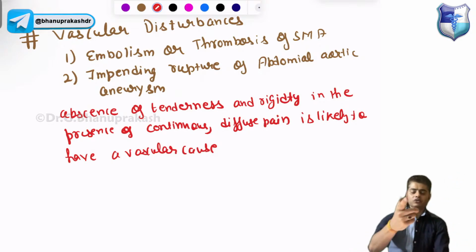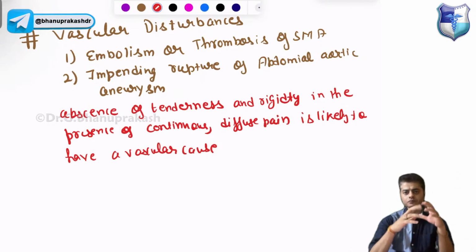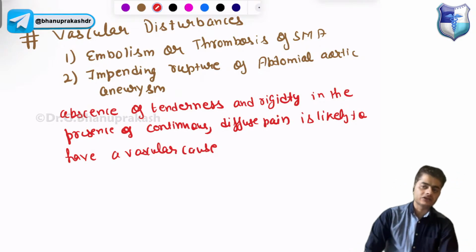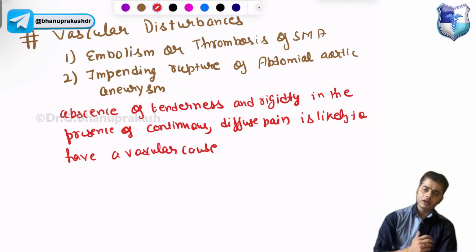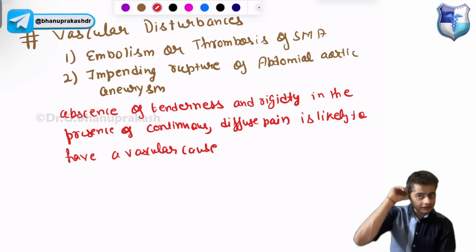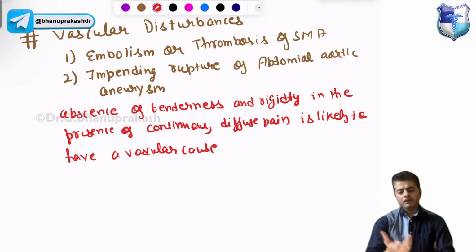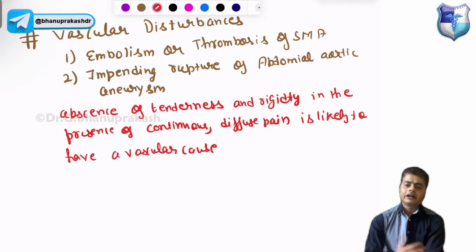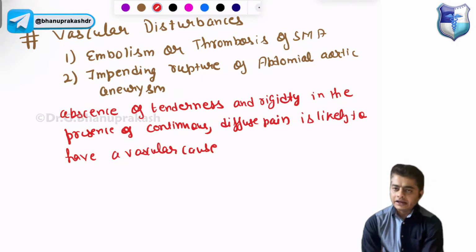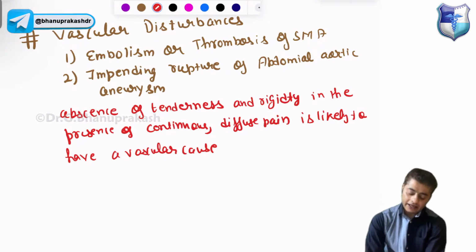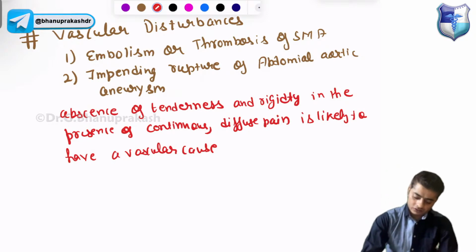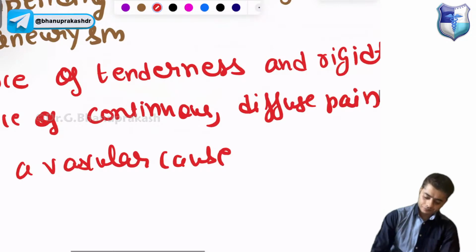It is the same point I was mentioning previously: our misconception was that vascular pain would be accompanied by tenderness and rigidity. But most of the time that pain is a diffuse kind of pain. So whenever there is absence of tenderness and rigidity in the presence of continuous or diffuse pain, it can likely be a vascular cause. Okay.